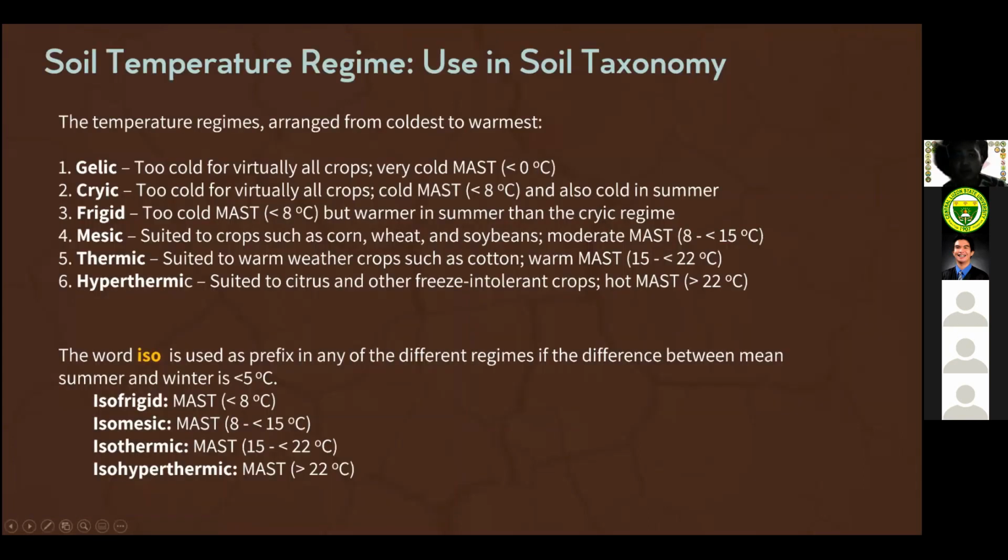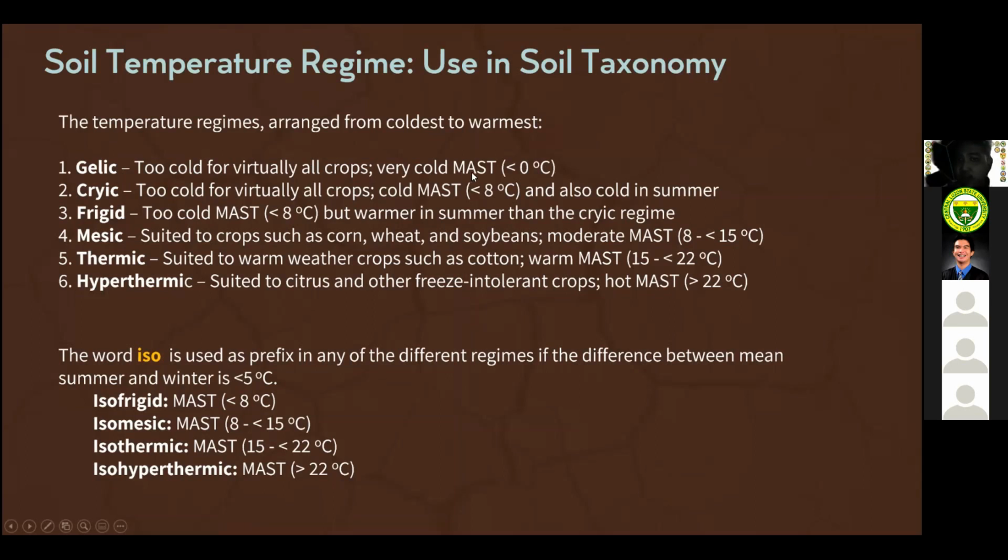So this is commonly the topic that is questioned in board exams, yung soil temperature regimes natin, which is used actually in soil taxonomy. So we have what we call the gelic temperature regime, which is too cold for virtually all crops.